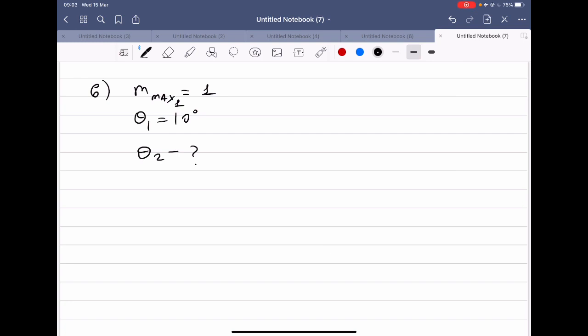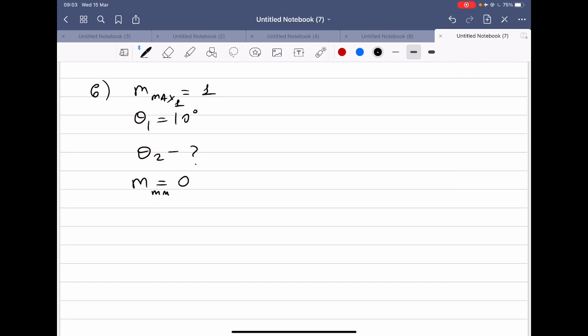What is the minimum one? The minimum always starts at 0, okay. First order minimum. So let's find out.